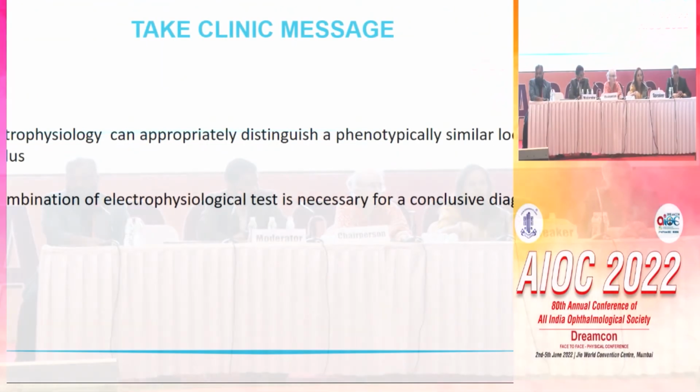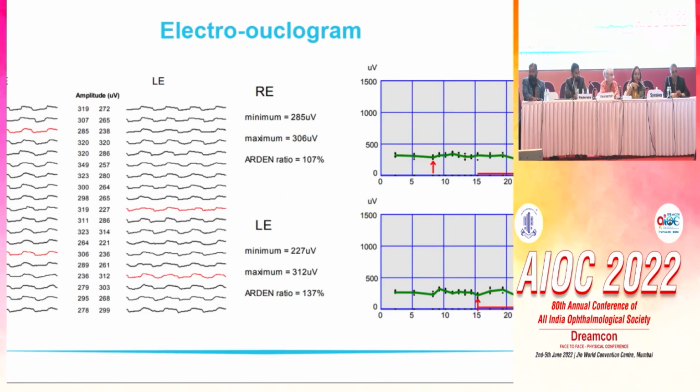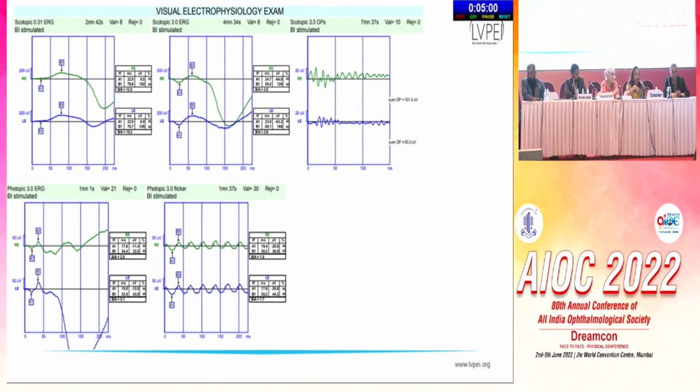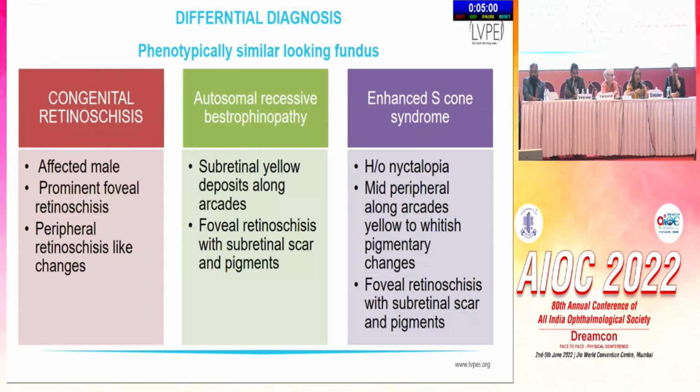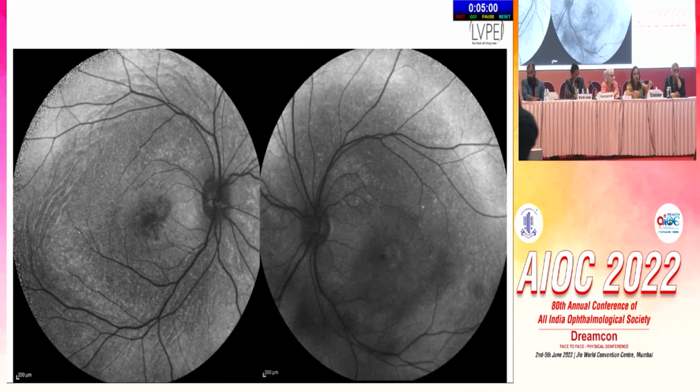Even the ERG, if you see, I don't think... If you go back to autofluorescence, this kind of autofluorescence also, the stereo pole, is more suggestive of probably ARD. So phenotypically, I think my first suspicion would be autosomal recessive dystrophinopathy.